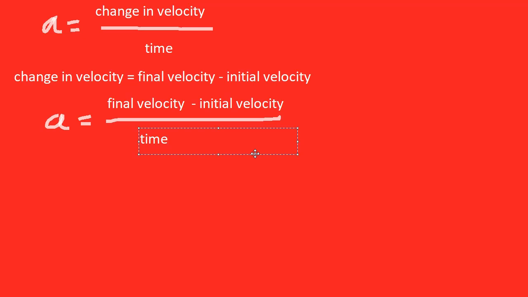Now what do we actually mean by final velocity and initial velocity? Suppose we have an object. We had seen some examples in the last class and we are going to see them again now. Let the initial velocity of the object, the velocity when we started watching it, be 10 meter per second.